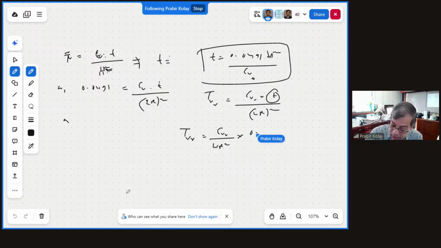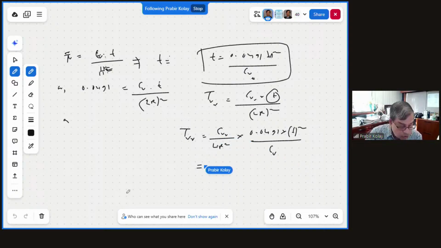That is 0.0491 times the height, which in this case is 6 meters, 6 squared, divided by CV in the vertical direction. So one is radial, one is vertical.